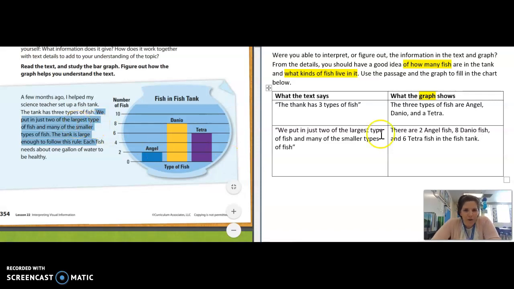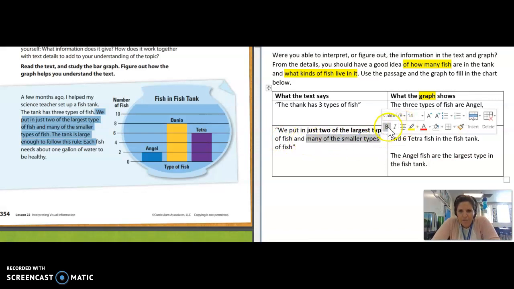There was also this added part about the largest, so 2 of the largest. When they said that, I know that there are 2 angelfish in the tank, so now I know something else I learned here. The angelfish are the largest type in the fish tank. And then it says, and many of the smaller types of fish.